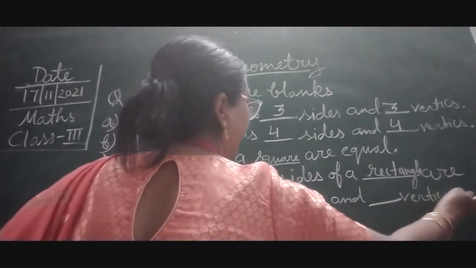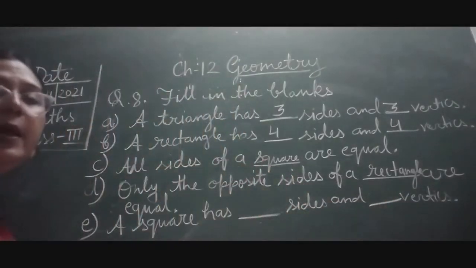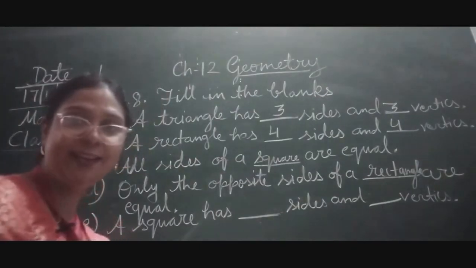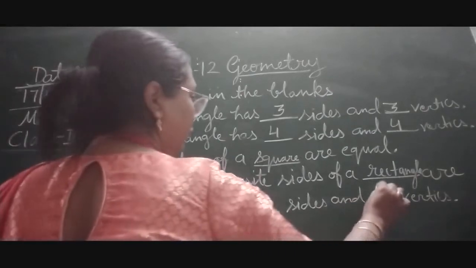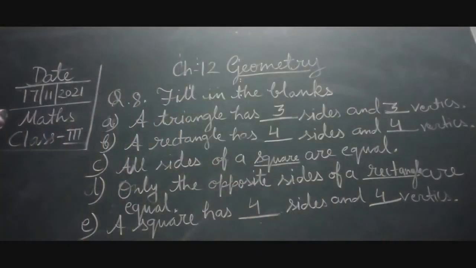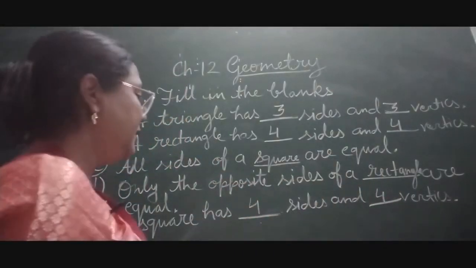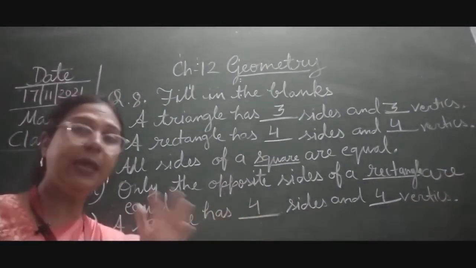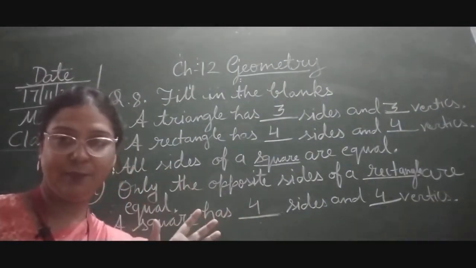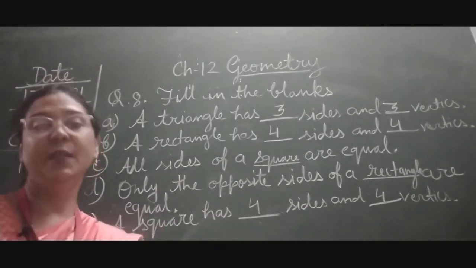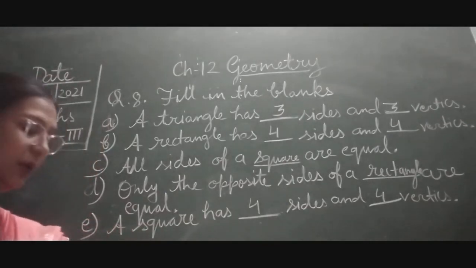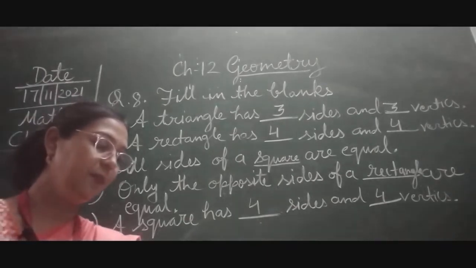So children, as you have seen, a square has 4 sides and 4 vertex. And the feature of this square is that all sides are equal. Okay. So this is the quality of a square. So children, we have completed question number 8.